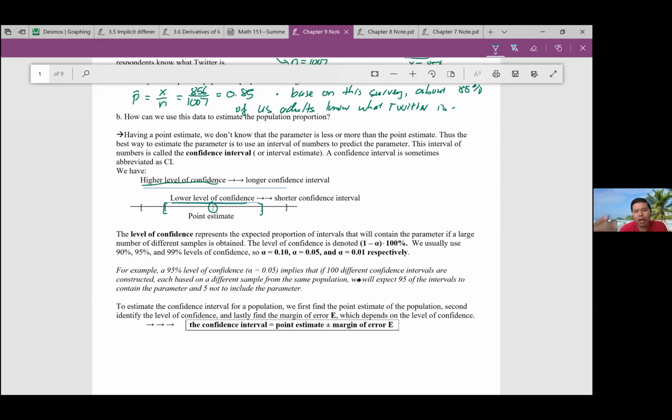A higher level of confidence indicates a longer confidence interval, and a lower level of confidence indicates a shorter confidence interval. When you have 68% confidence in comparison to 95% confidence, 95% is much better than 68%.